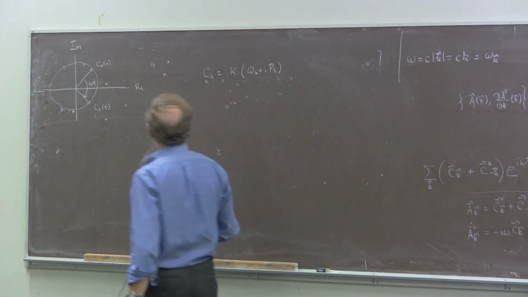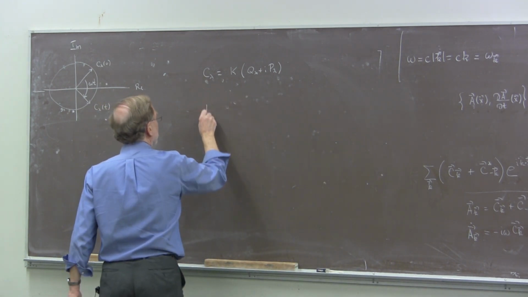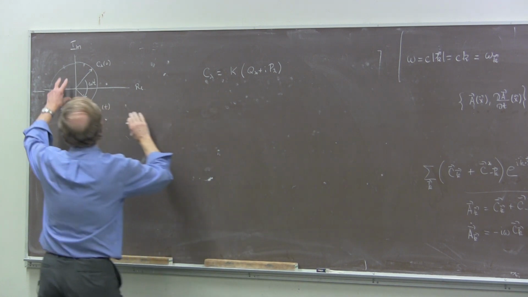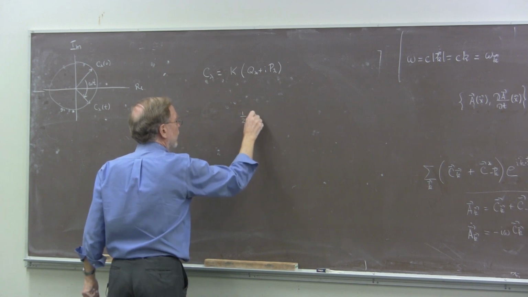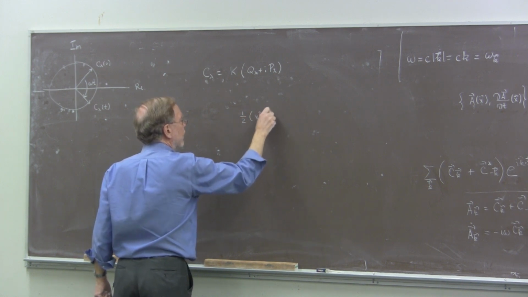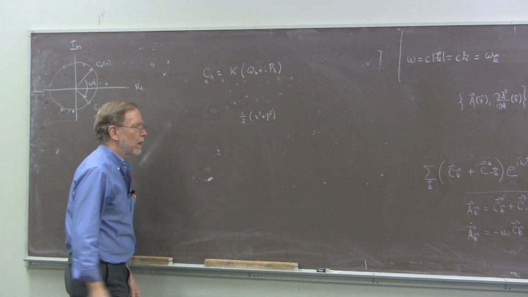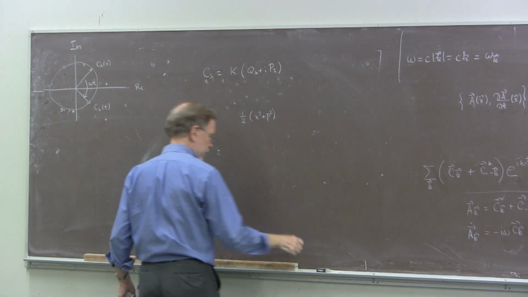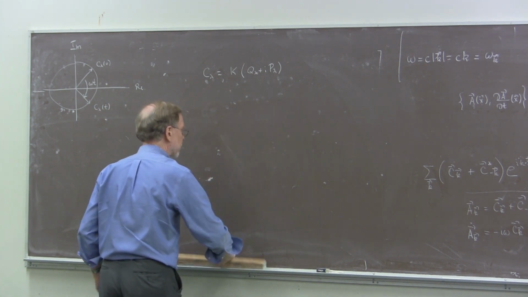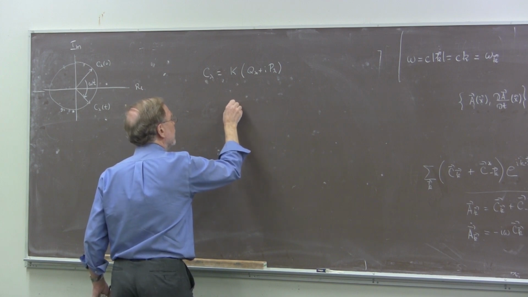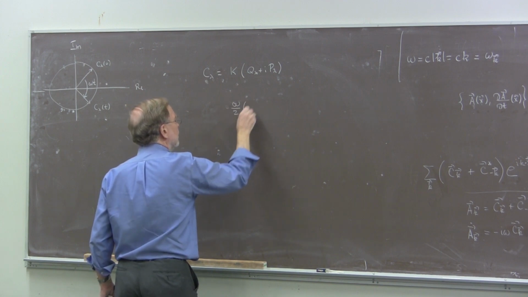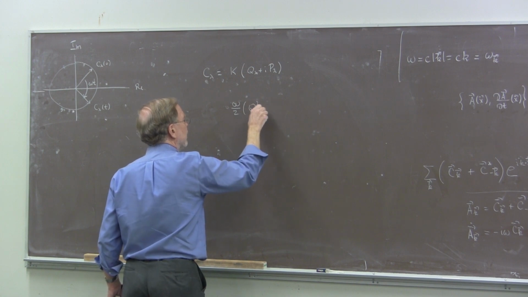Now, this also means that we know what the Hamiltonian is, because the Hamiltonian for a single oscillator with Q and P like this would be, well, we call it 1/2 x squared plus p squared in the notation we were using last fall. So what I'm going to do is just change the notation to what's appropriate here. So we expect the Hamiltonian for a single mode to be omega over 2 times q lambda squared plus p lambda squared.